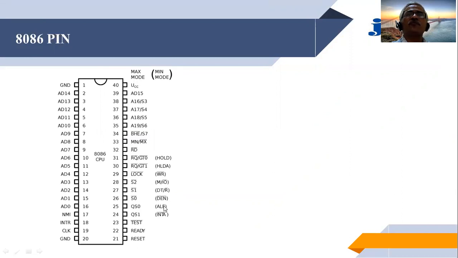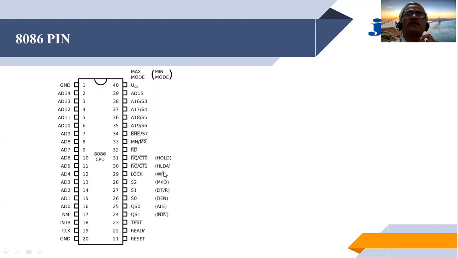Where in the minimum mode, the device will work something similar to the processor, that is 8085, and in the case of maximum mode, we can make use of the 8086 to operate in a multi-process environment. So the signals that can be seen here, we have a signal HOLD, HLDA for the DMA control.